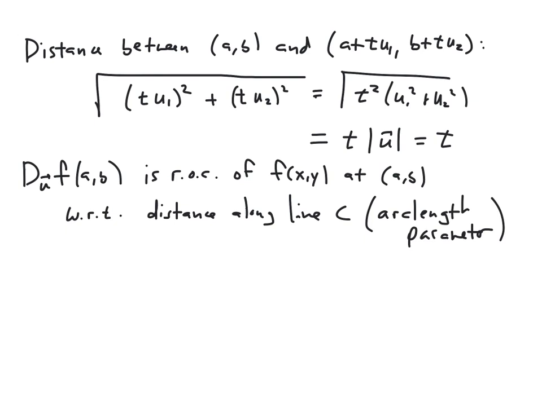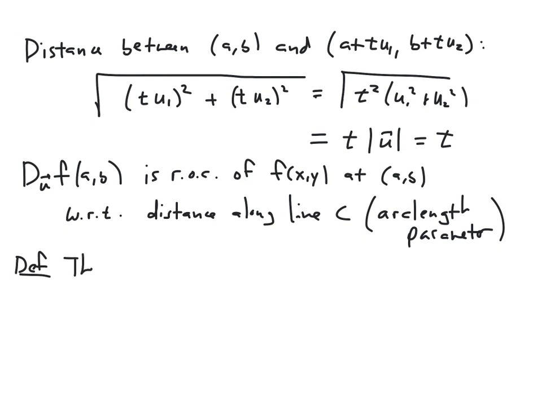Right? The parameter actually gives us the length along the curve from our base point, in this case (a, b). And so this allows us to actually compute a formula for the directional derivative, because we know how to compute derivatives of multivariable functions. So our formal definition is going to be the following.